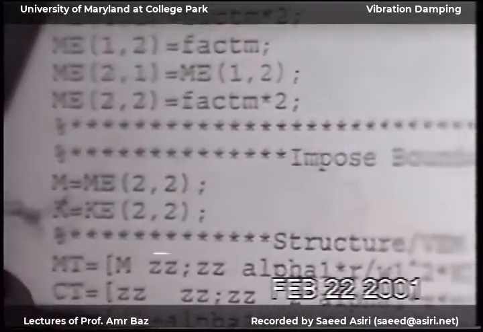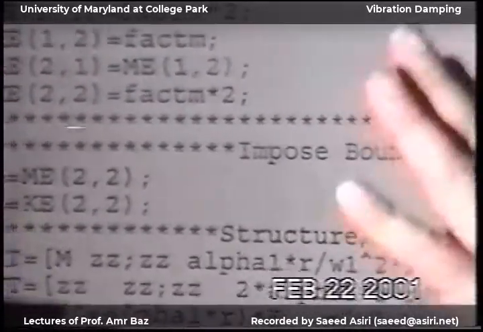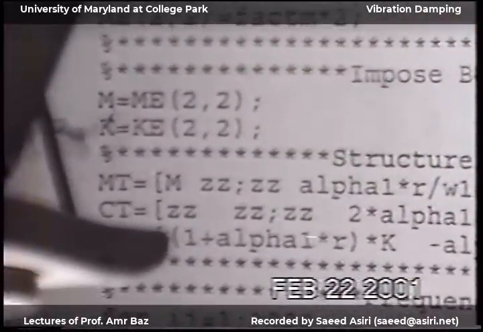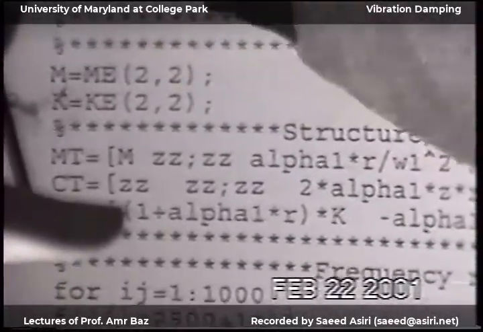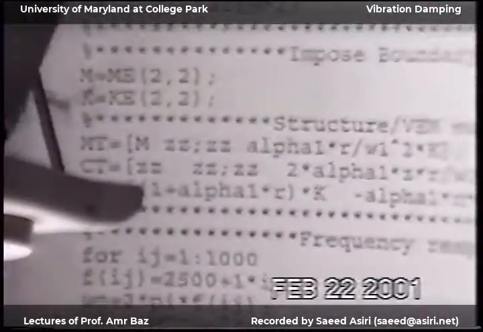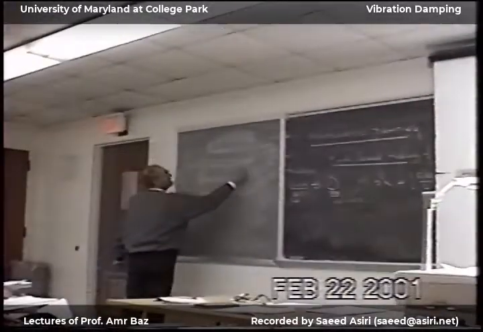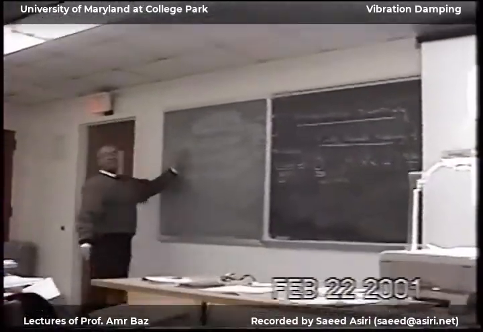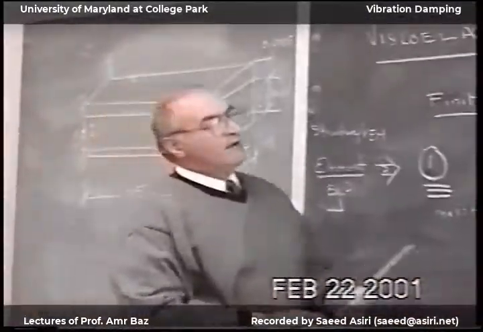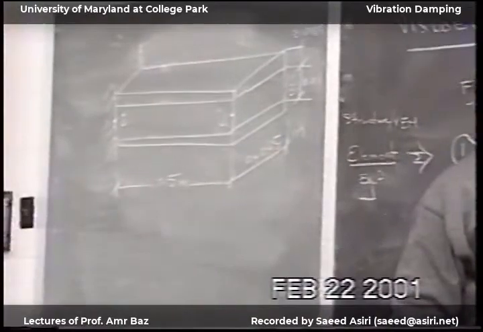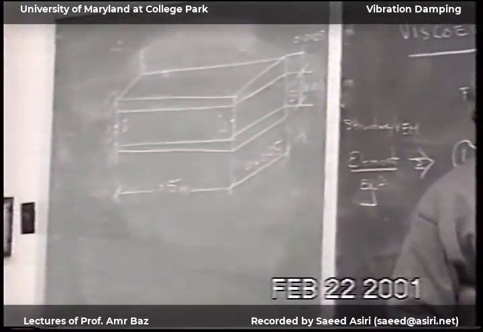Okay? I cannot leave these as they are. Now I have to impose the boundary condition. Before I do anything else, I have one node that is grounded. I and J. So now I take the row and the column and eliminate them from the stiffness matrix and the mass matrix. So this is the final result.